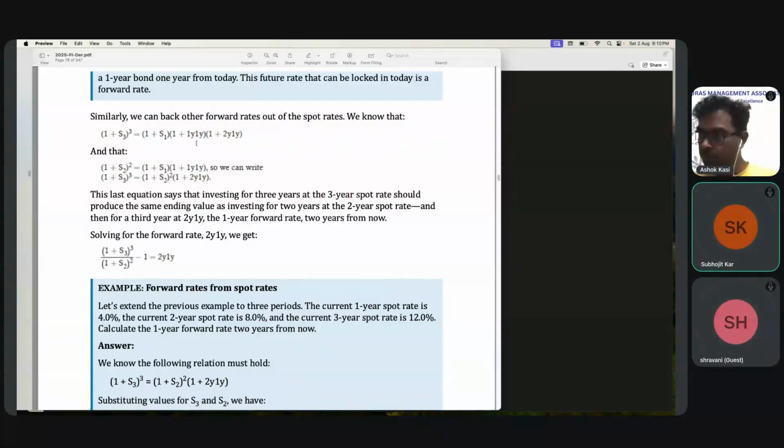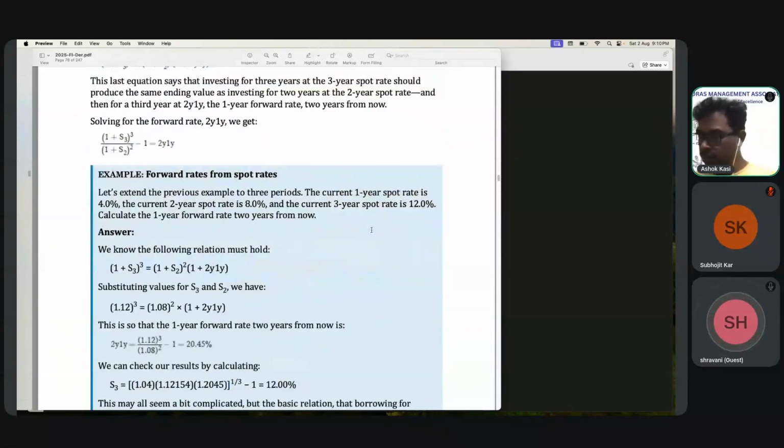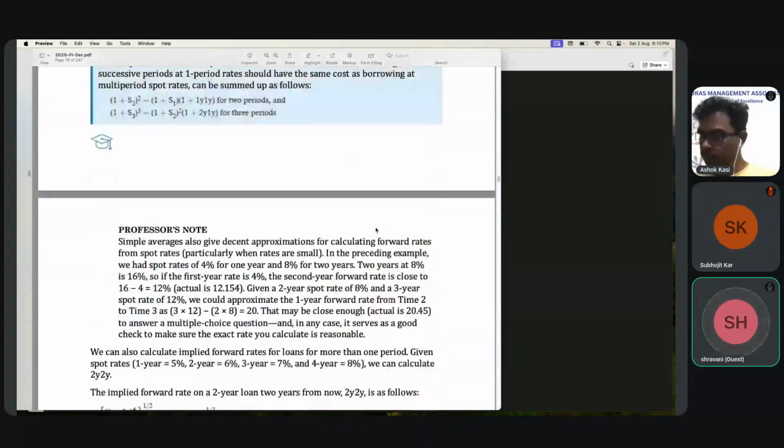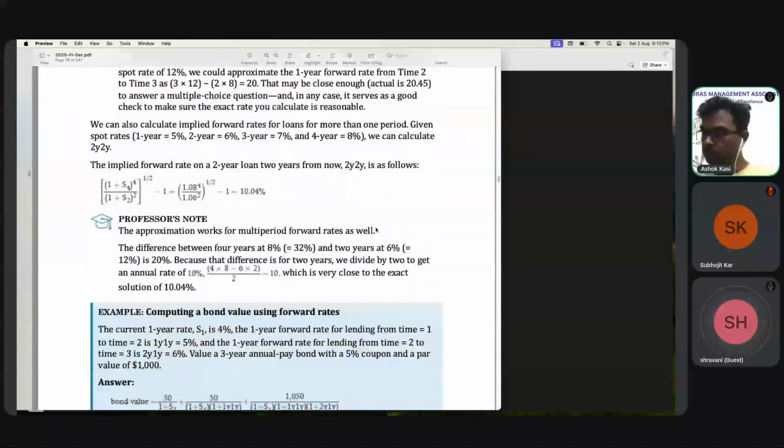Is that how the formula is derived? That's what they have done, right? Okay, we'll do this, then that should be fine.